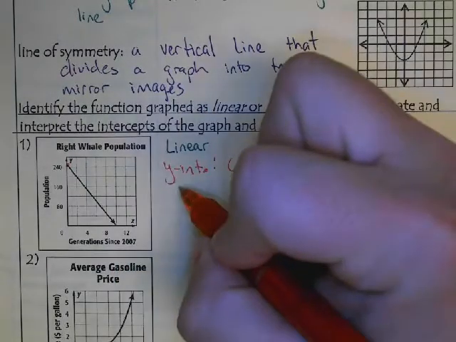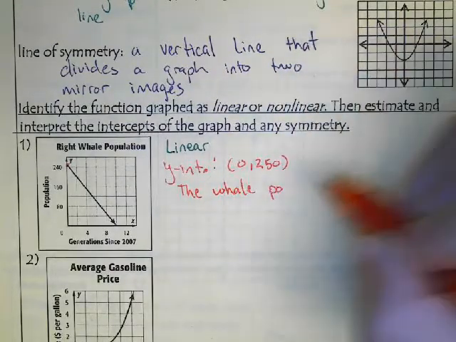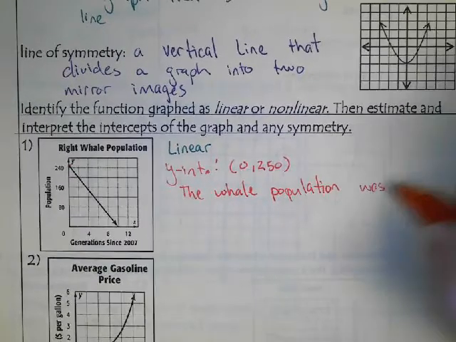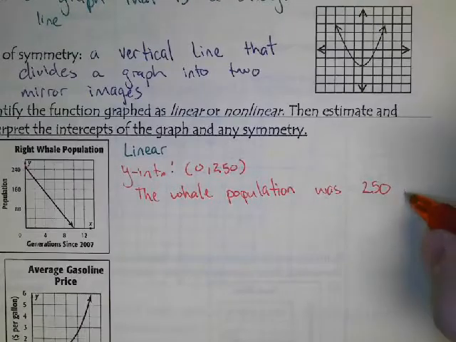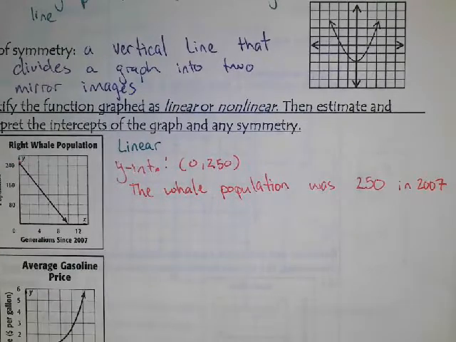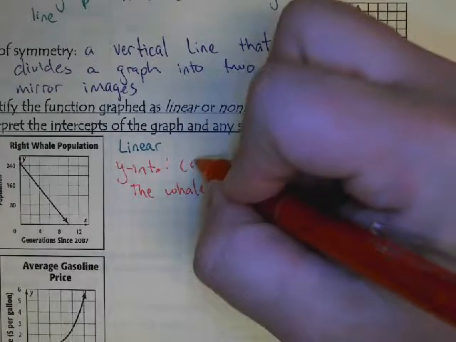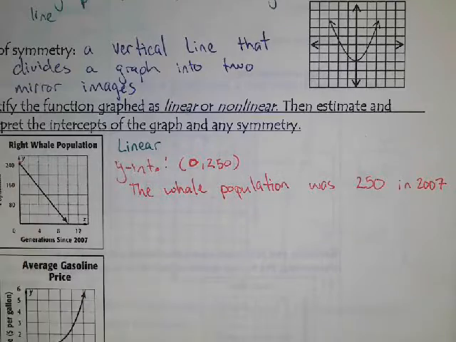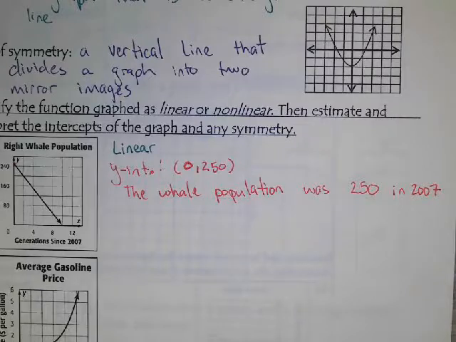So the way to interpret that is to say the whale population was 250 in 2007. So at (0, 250), we know that our year is 2007, because that's what our x-axis is telling us. And our y-axis is telling us the population, so we know there were 250 whales in 2007.